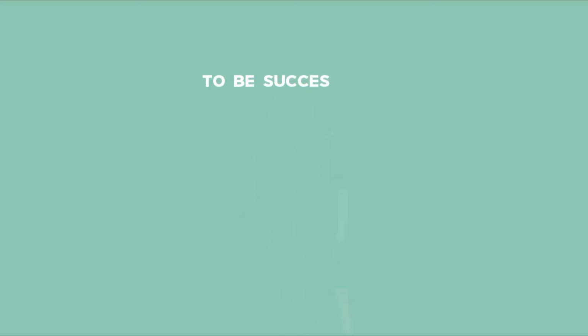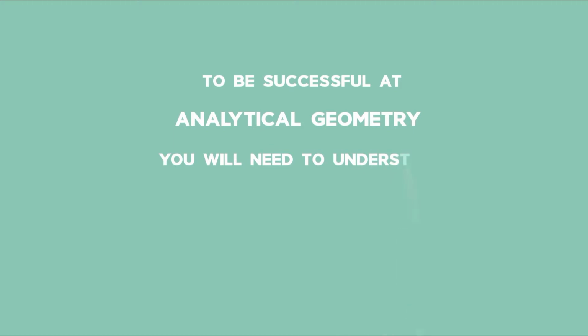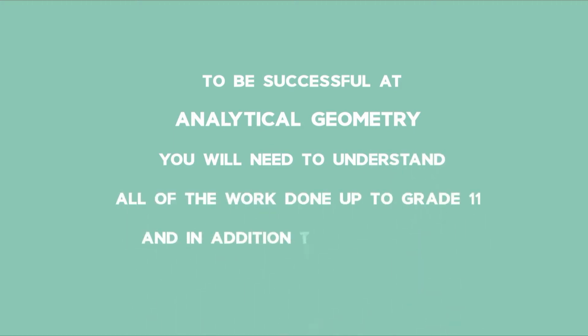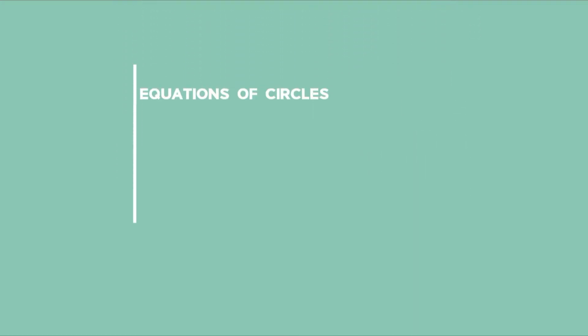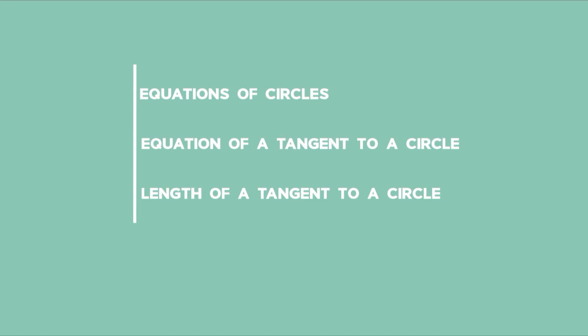To be successful at analytical geometry, you will need to understand all of the work done up to grade 11 and, in addition, the concepts of equations of circles, equation of a tangent to a circle, and length of a tangent to a circle.